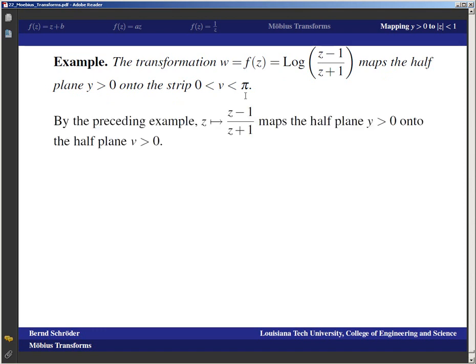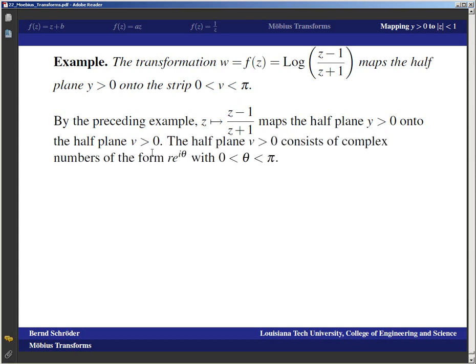Okay, let's think that through. By the preceding example, when we map z to z minus 1 over z plus 1, that maps the upper half plane y greater than 0 onto the half plane v greater than 0.